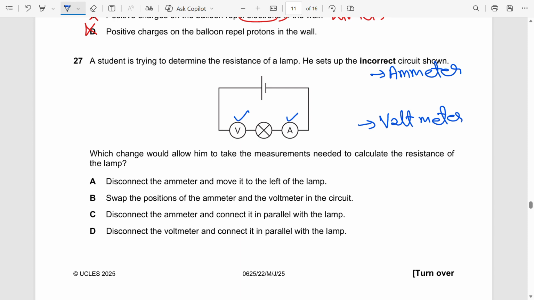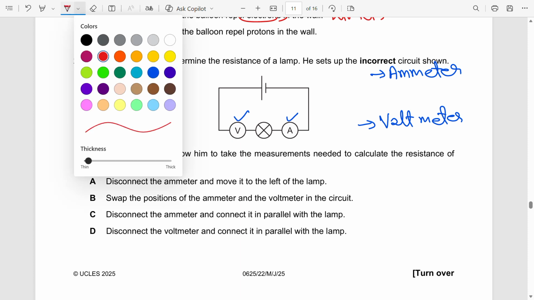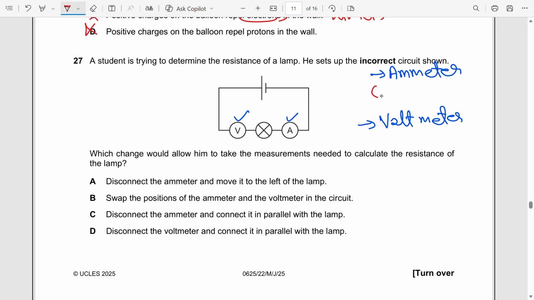So there is a rule for placing these instruments in a circuit. The ammeter must be placed in series. That's all, it is already in series, so it's the correct placement in a circuit. The voltmeter must be placed parallel to the component.